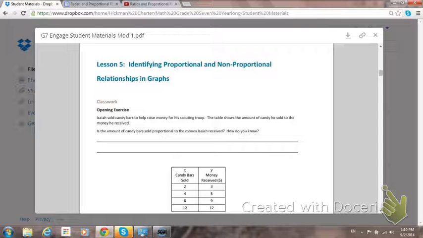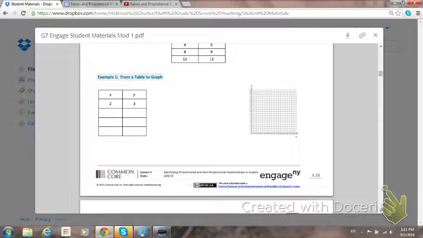But we can make these numbers proportional. Let's look at this example 1, where we want to go from a table to a graph. If we made this table proportional, the next number of candy bars sold was 4.